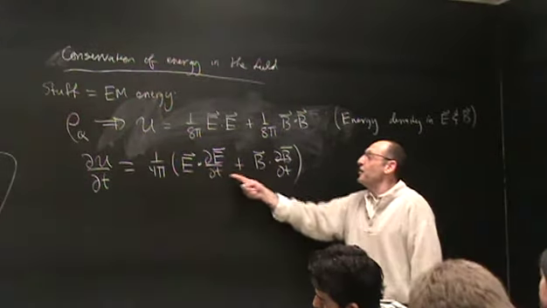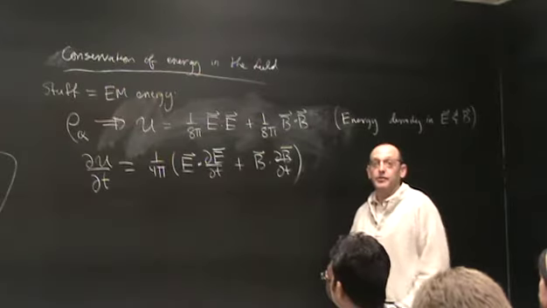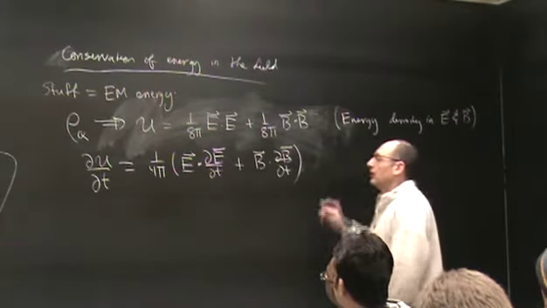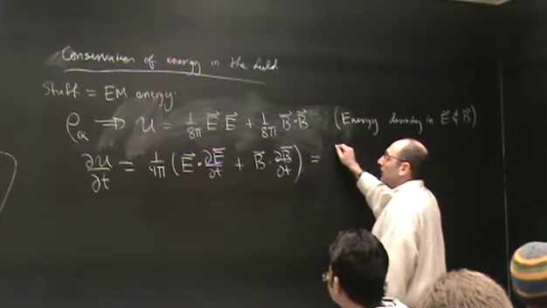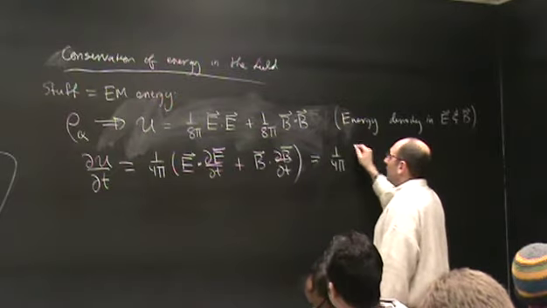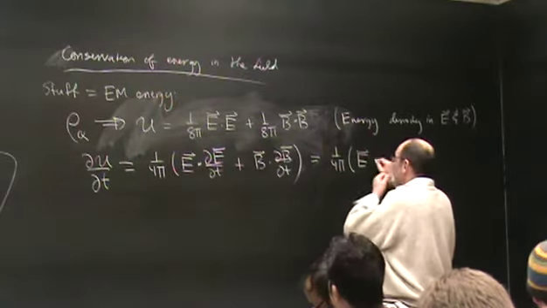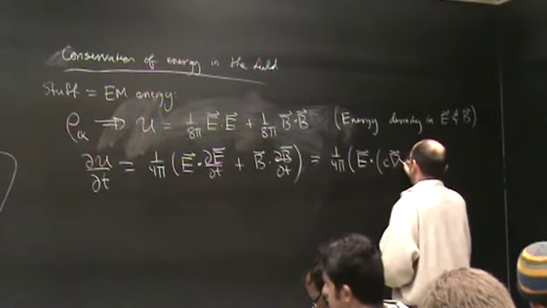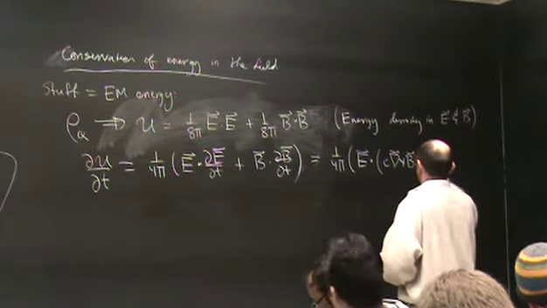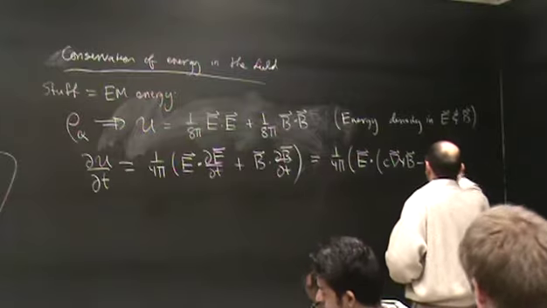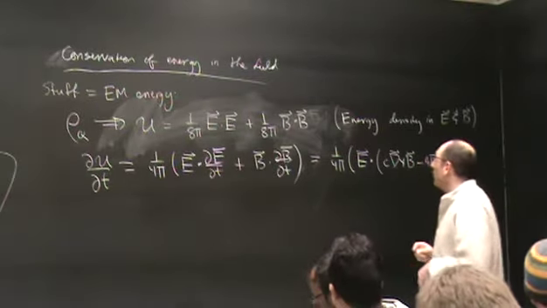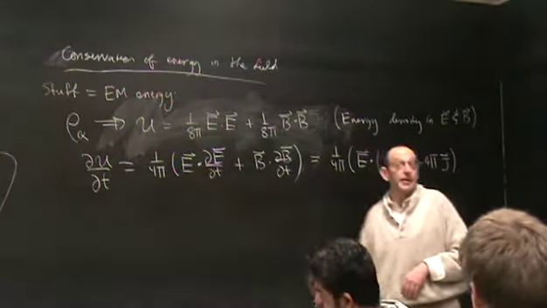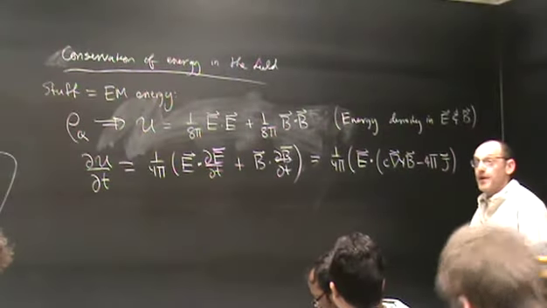So now we know what these things are from Maxwell's equations. So dE/dt is equal to c times the curl of B minus 4 pi J, from Ampere's law with the displacement current. Right?